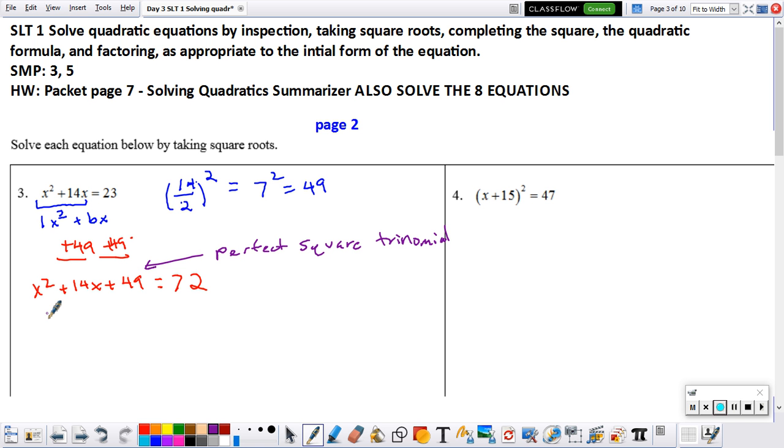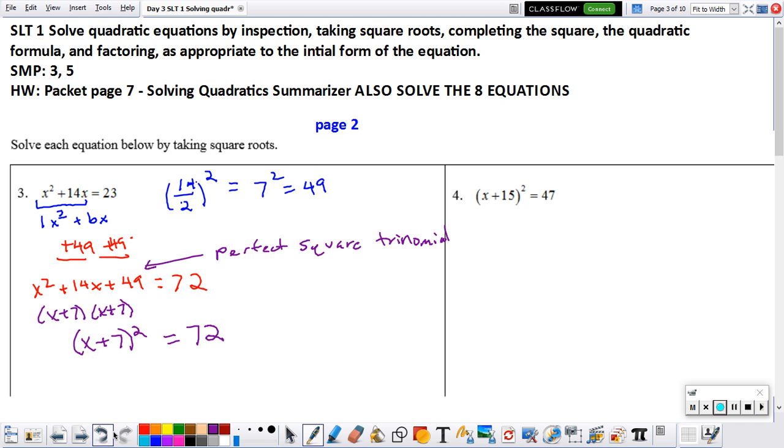So we can factor this to (x plus 7) times (x plus 7), which I'm never going to write again because it's a waste of time. I'm immediately going to go to (x plus 7) squared equals 72.